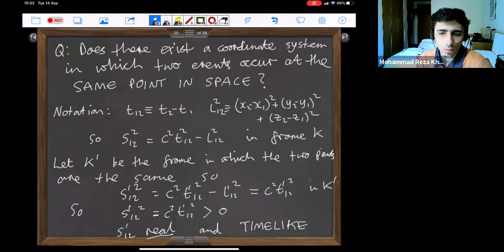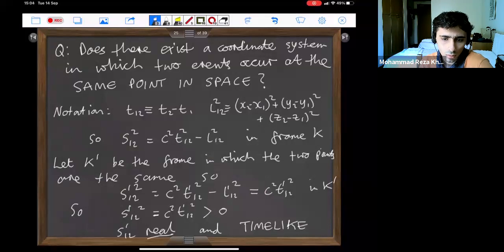In the K prime frame, if they take place at the same point in space, that means L12 prime is 0. So the interval there is just c squared T12 prime squared, which clearly is greater than 0, which means that the interval, which would be the square root, is real. And these separations are called time-like separations.